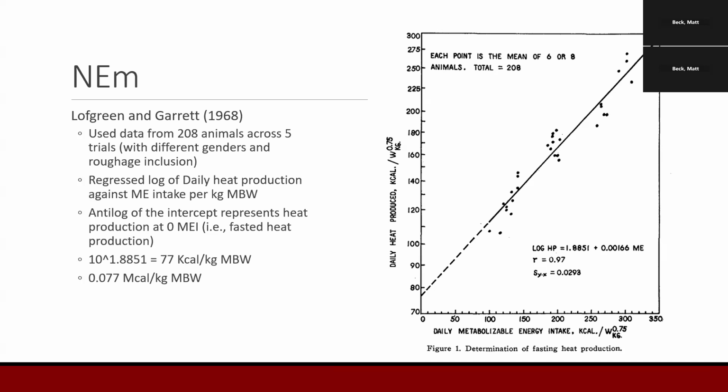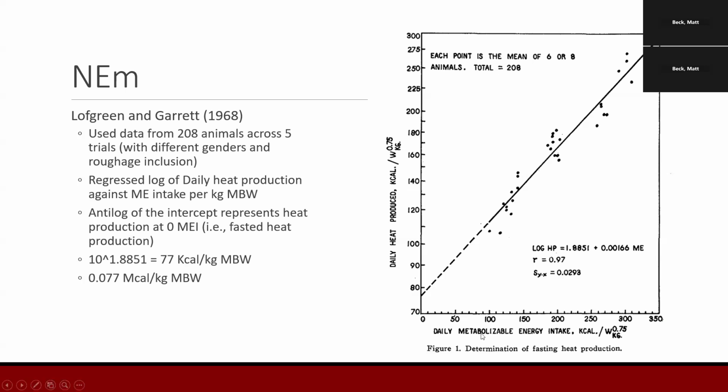Lofgren and Garrett published a paper in 1968. They were from UC Davis. They used data from 208 animals across 5 different studies. These studies had different genders, heifers or steers, and different roughage inclusion levels. I think the lowest was around 2% of the diet as roughage, and the highest was 100.